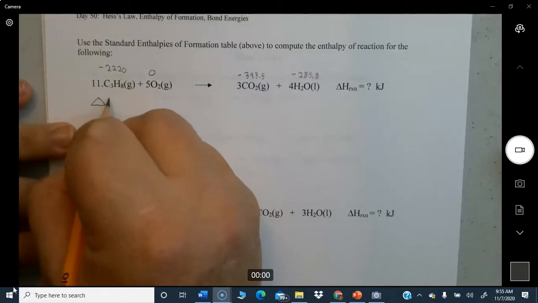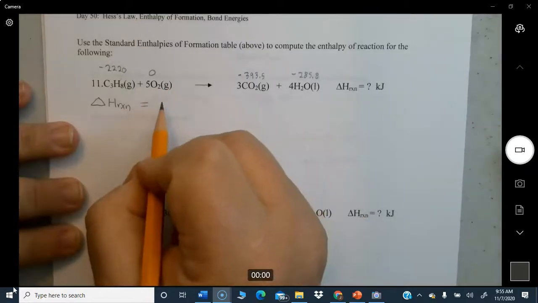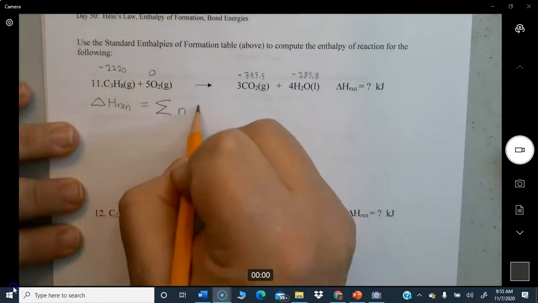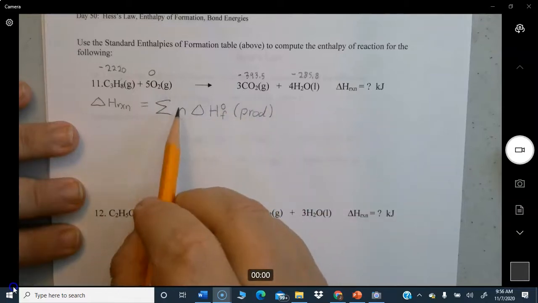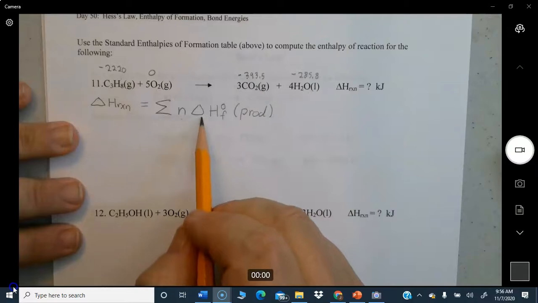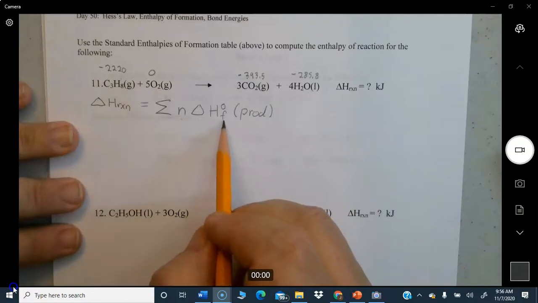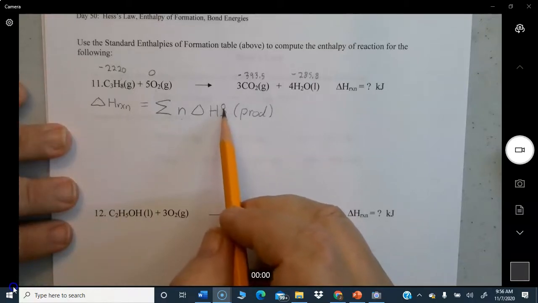Okay, so always write the formula out. The enthalpy of reaction, how much heat will go into or come out of the reaction, is equal to the number of moles of each of the products times the enthalpy of formation, these numbers up here, at standard conditions, and that's 25 degrees and 1 atmosphere of pressure.